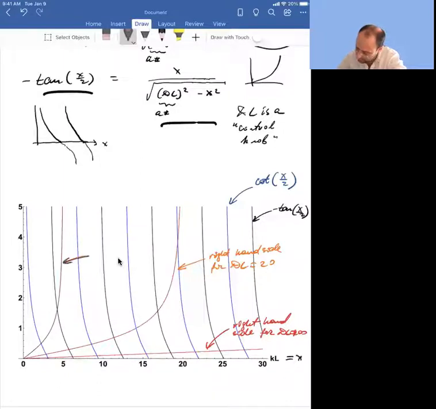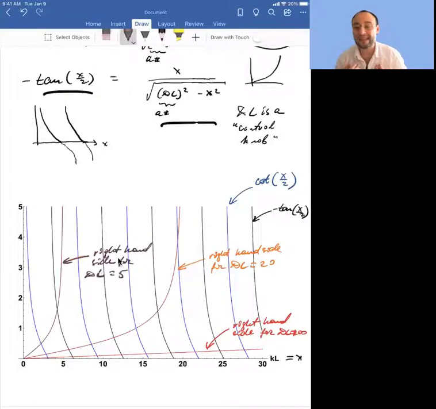And this one is the right-hand side for DL equals 5.